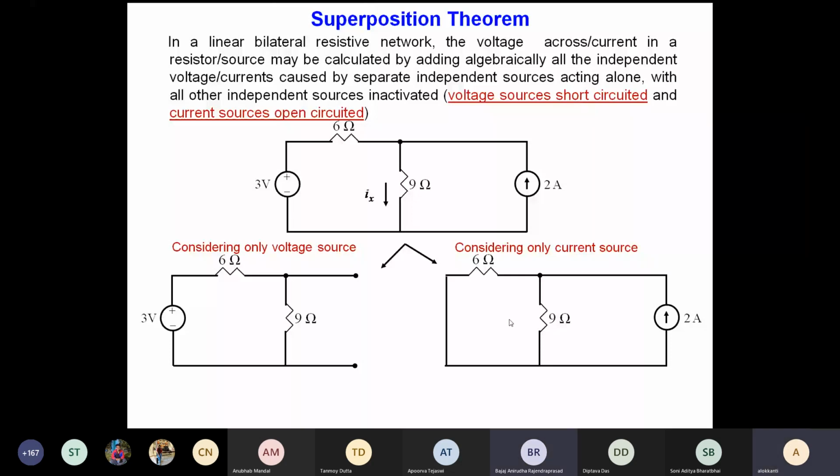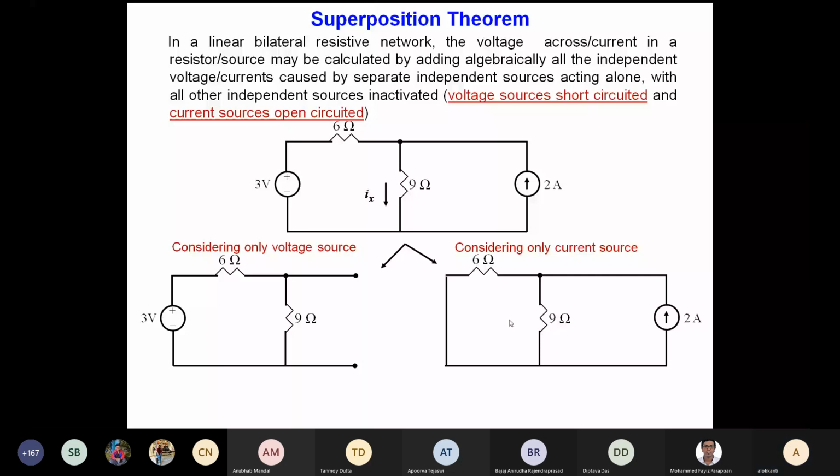Yes, sir. The second loop has some resistance; we can open circuit it. Along with the 2 ampere current source, if any resistance is there, those are there, but here we are considering an ideal current source, as if those connecting wires have nothing, and we are not considering any internal resistance.